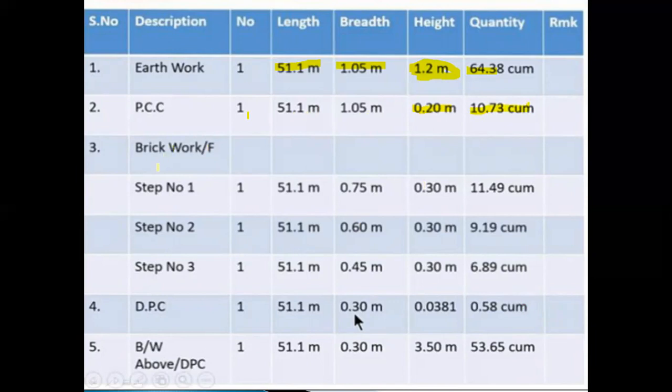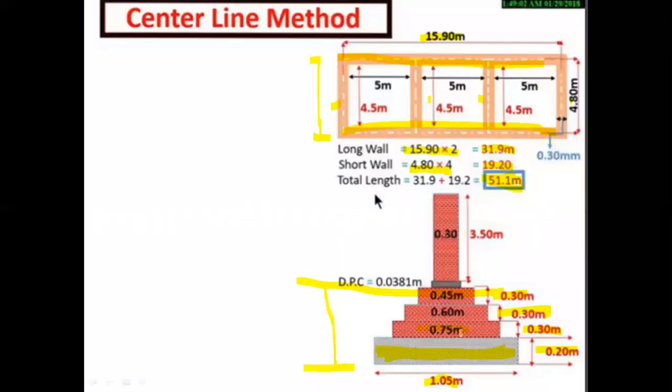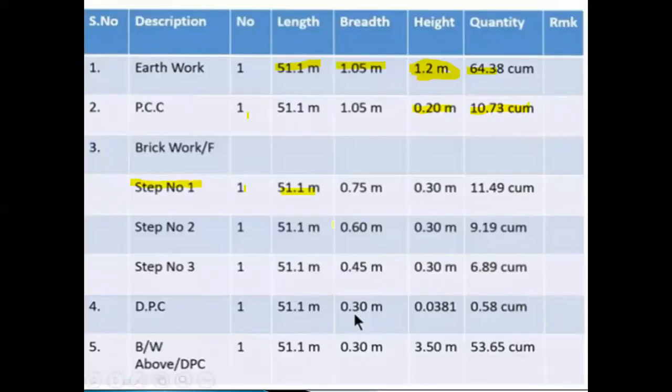Next, brickwork in foundations. Step 1, the first footing: number 1, length is 51.1 meters, first footing breadth is 0.75 and height is 0.30. Multiplying length into breadth into height into numbers, 51.1 into 0.75 into 0.30, equals 11.49 cubic meters.